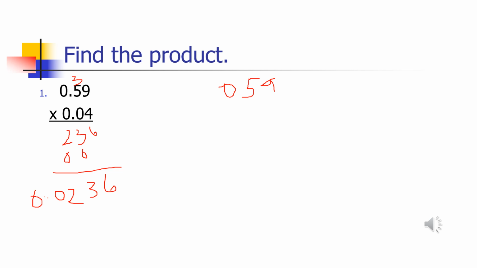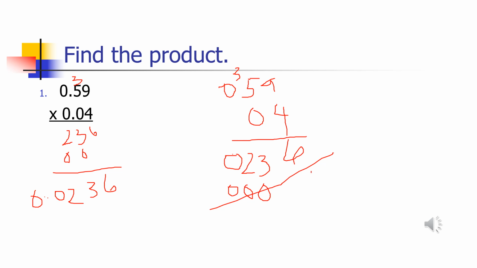Then we have 0.4. This is 36, so 6, carry 3. So we have 23. Then 4 times 0 is 0. So 0 times 9, everything is 0, so you need to add 3 zeros here.